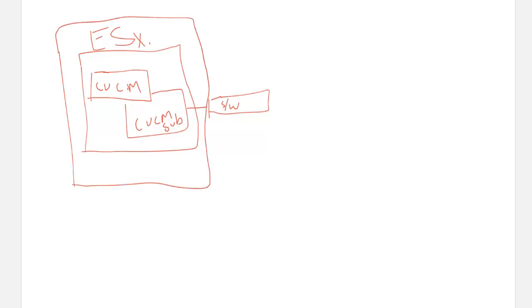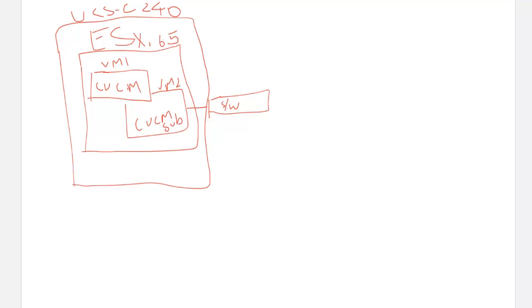So this is, for example, a UCS C240 chassis, and inside that I have an ESXi host, version 6.5. And then on this ESXi, I have these virtual machines: VM1, VM2, and I have several other virtual machines like Cisco Unity Connection and everything. But let's forget about that.